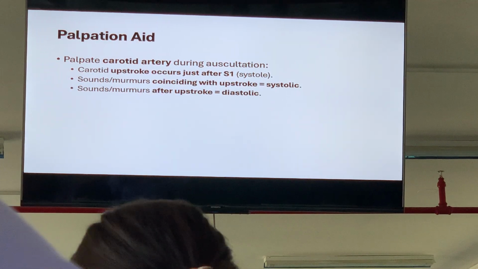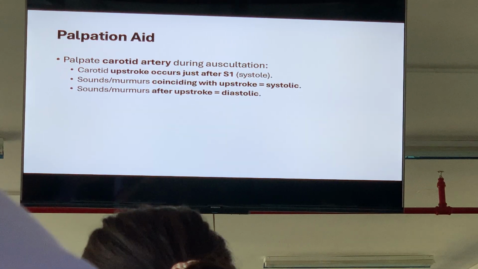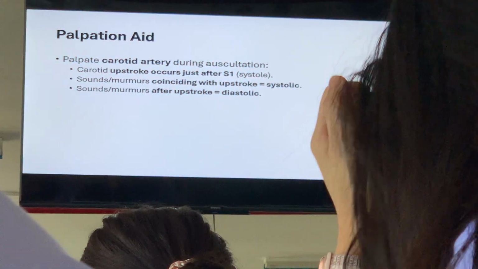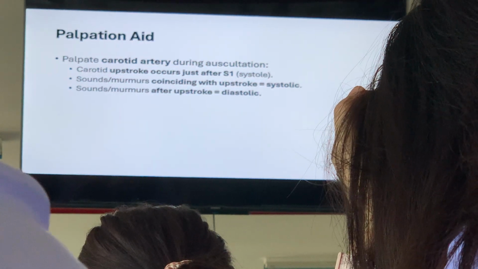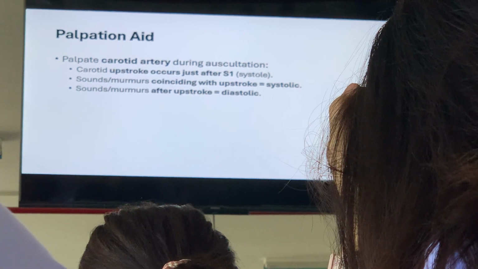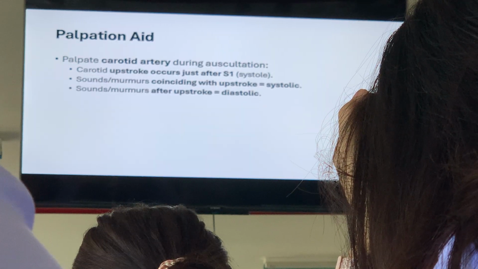So the palpation will aid. What this means is that to help you identify which one is S1 and S2, you can simultaneously auscultate the heart and palpate the carotid artery. As you mentioned earlier, when you feel the pulse, that should coincide with S1.